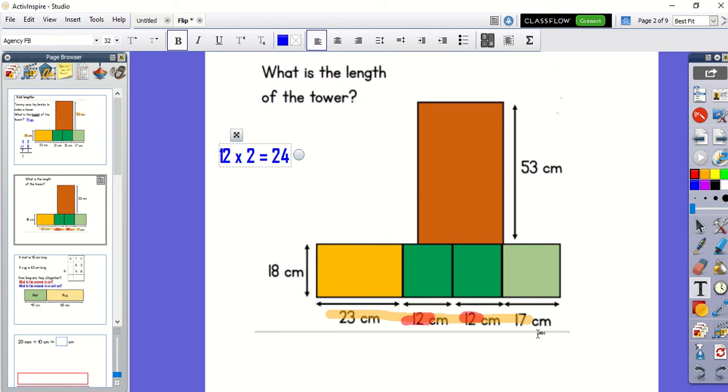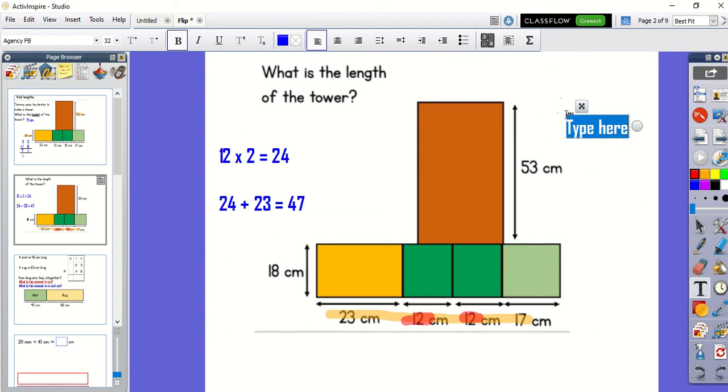I've gone down to 3 numbers. Let's make it even easier. I know that 24 add 23 is really easy to solve because 20 add 20 is 40, 4 add 3 is 7, 47. So now I've gone down from 4 numbers to 2 numbers. I've got 47 and 17.